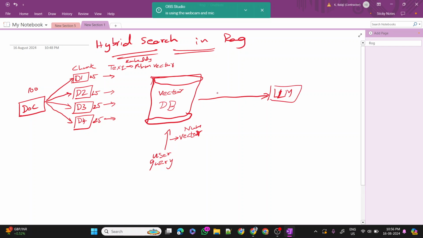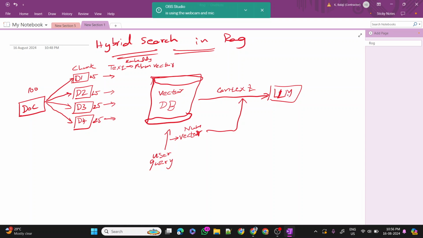Not only this, the data retrieved from the vector DB is called the context. That similar data we retrieve from the vector DB is called the context, and the query is also combined with this context and provided to an LLM.